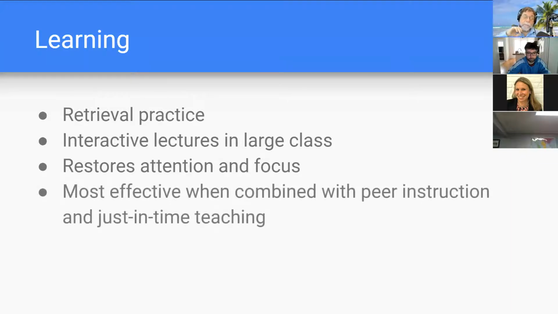Clicker use in class is most effective when you combine it with peer instruction and just-in-time teaching. This technique was developed about 20 years ago, or 21 years ago now, by Eric Mazur.